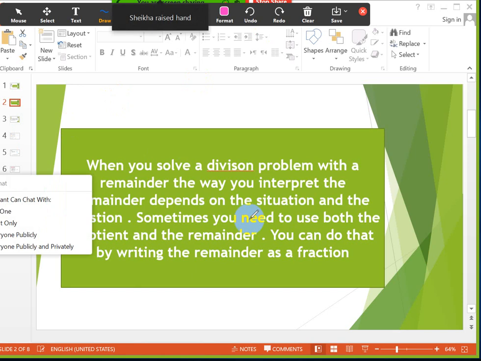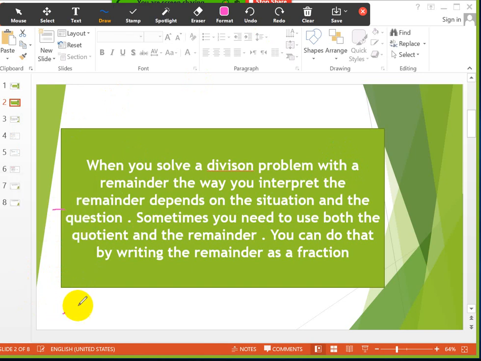The way you will interpret the remainder depends on the situation and the question. So when you solve a division problem with a remainder, the way you describe the remainder depends on the situation in the problem, because today we will talk about the problems and the question.